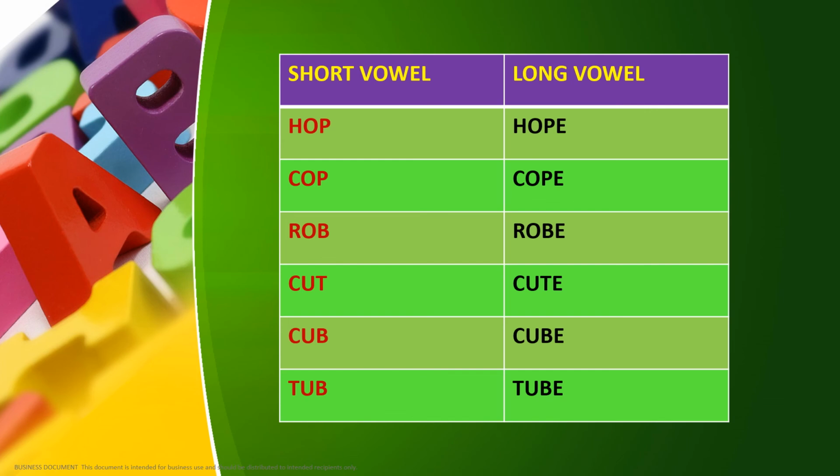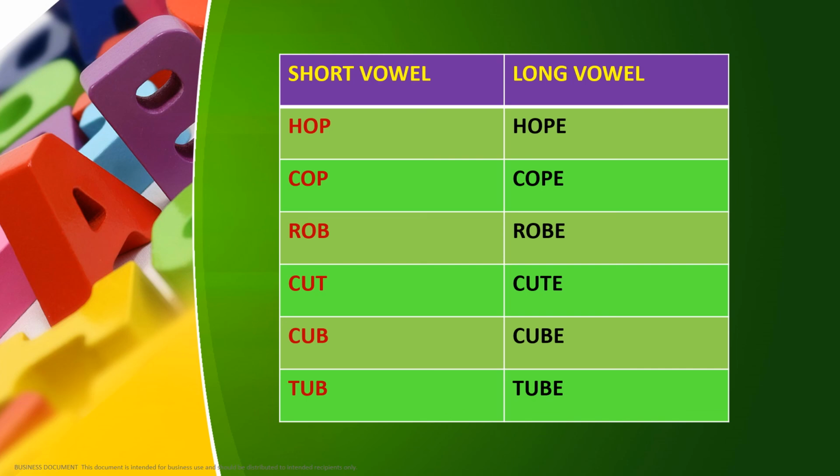Similarly, cub, cub becomes cube, cube. Okay, why? This is the magic of silent E at the end of the word cube. Tub becomes tube. So in tub, the sound of U is a, tub, tub.